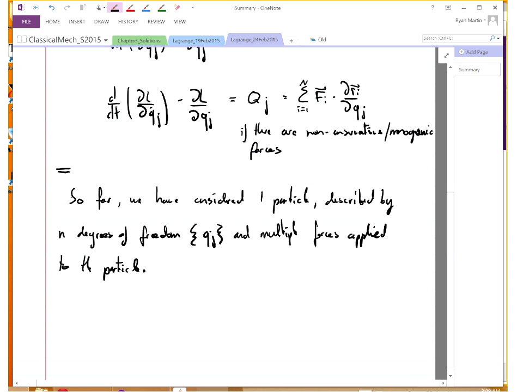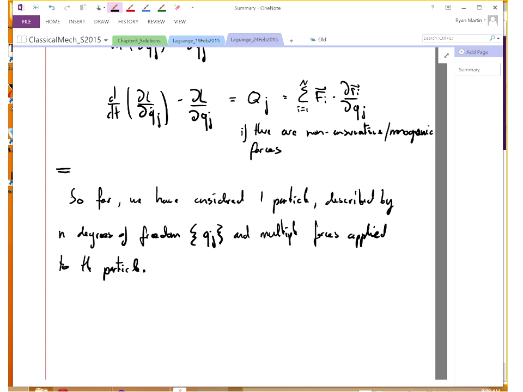Now, if you remember D'Alembert's principle, when we did the derivation, at some point we ended up with capital T for the kinetic energy. And we found that that was the sum of the kinetic energies of all the particles. And when we did D'Alembert's principle's derivation, we assumed that each particle had one force exerted on it, and that there were many particles, each with one force, and ultimately you could sum up all the kinetic energies.